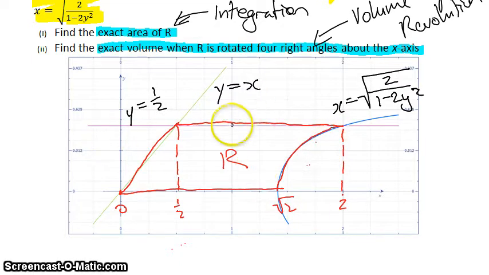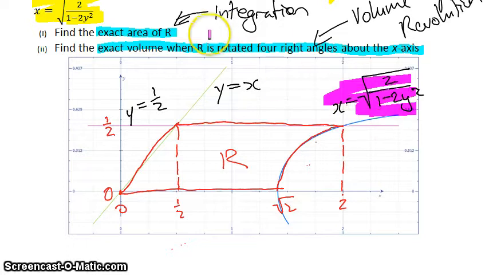But actually, if you look at this, the integration is much easier if you do it along the y-axis, because you know this is a half, this is 0, and then you just have to take the integral of this function here, subtract away the integral of this function here.